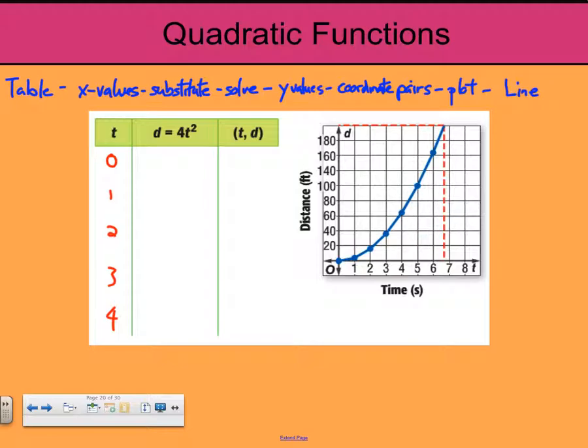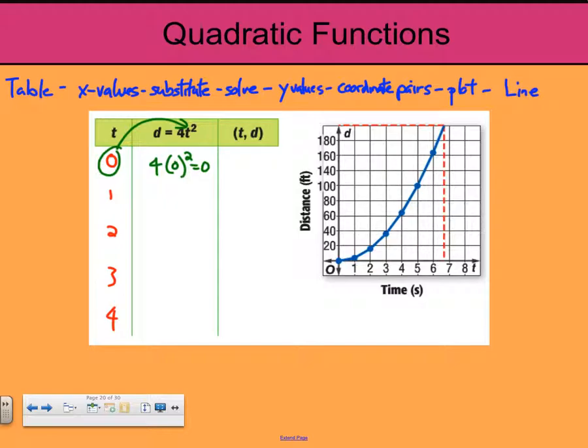And once again, I'm going to take the 0 that it came up, I'm going to substitute that into the equation. So I'm going to take 0, and I'm going to put it in place of, in this case, t. So I'm going to substitute that in for t, and I end up with 4 times 0 squared. Well, 0 squared, or 0 times 0 is 0, and 0 then times 4 would also be 0.